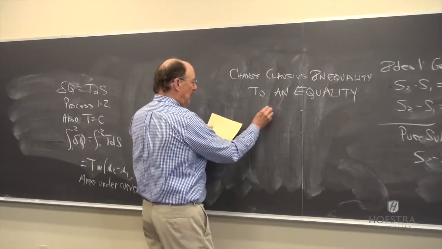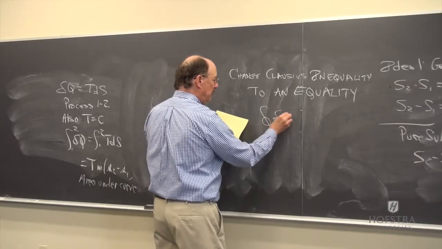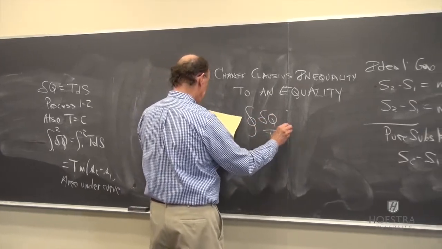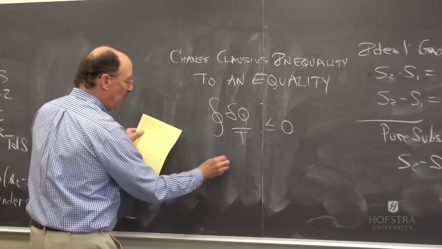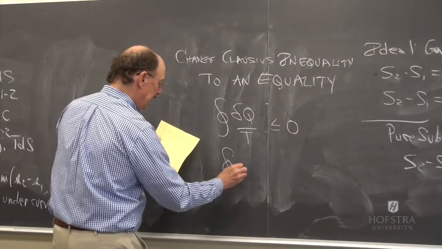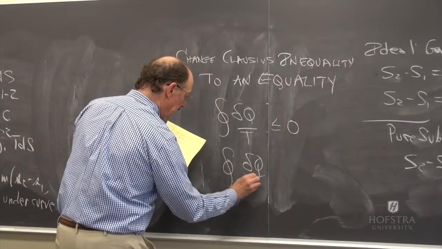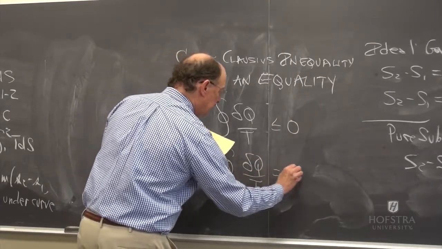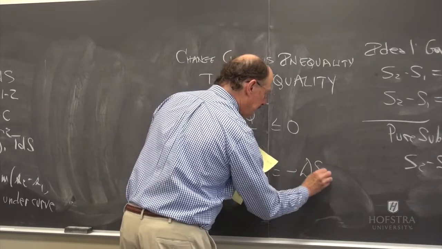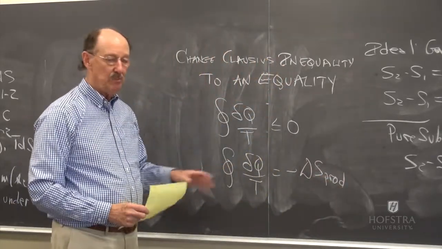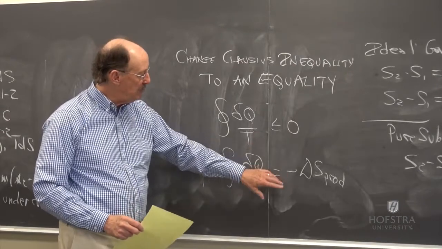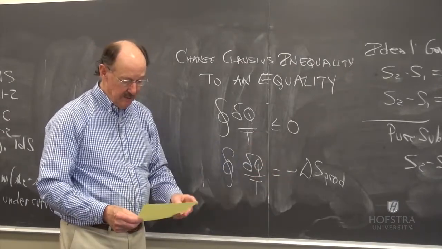So we have the cyclic integral of del Q over T is less than or equal to 0. And I can make this an equality by introducing the idea that the cyclic integral of del Q over T is equal to minus delta S production. So this is an arbitrary constant that I introduced, and it's called entropy production. We have a minus sign here.